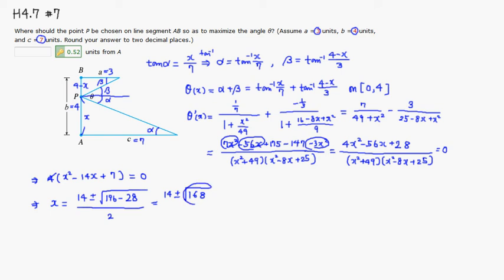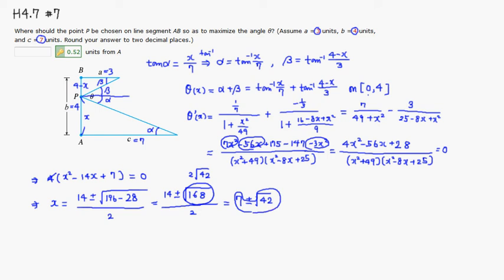You can pull out a 2, so divide by 4 and it's the square root of 42. Then you divide by 2, and 14 divided by 2 is 7, so you have 7 plus or minus the square root of 42. Since x is between 0 and 4, 7 plus square root of 42 is way too big, so the only possibility is 7 minus square root of 42.